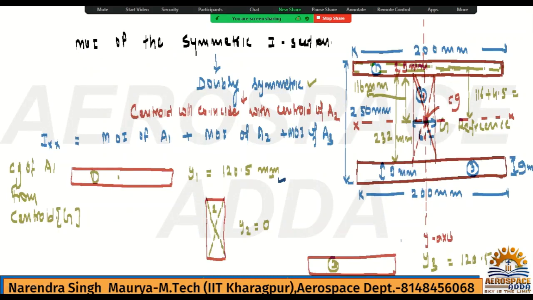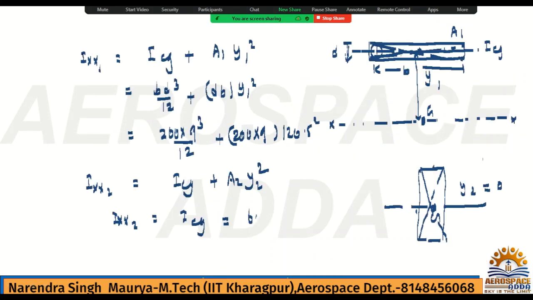Let me check, I think it is 6.7. And the depth you have written here is 232. So you can write now the formula: 6.7 into 232 cube divided by 12.